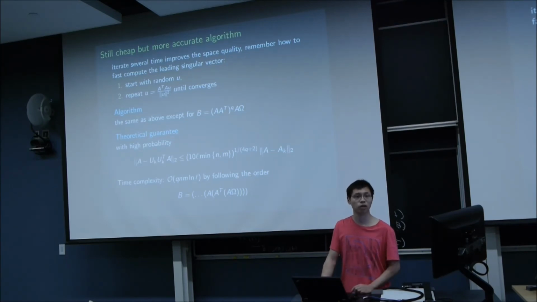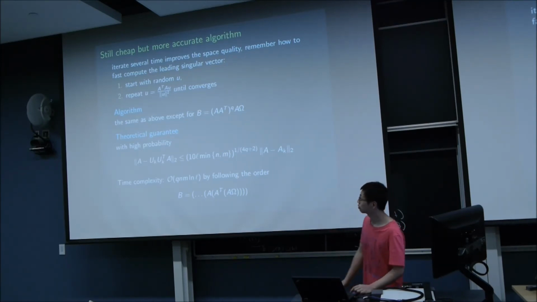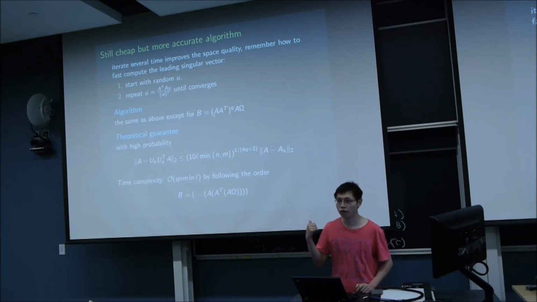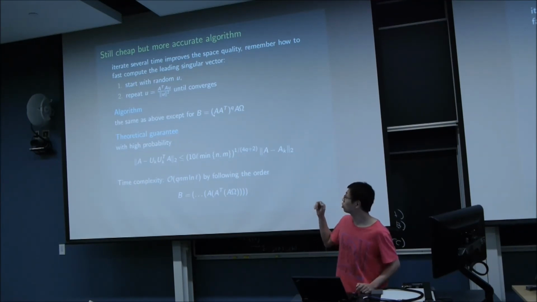So we can improve the previous algorithm by setting B equal to A times A transpose to the power Q, times A omega. This is the actual term here. Why is this the case? Because the leading singular values of this matrix equal the singular values of A to the power 2Q plus 1.